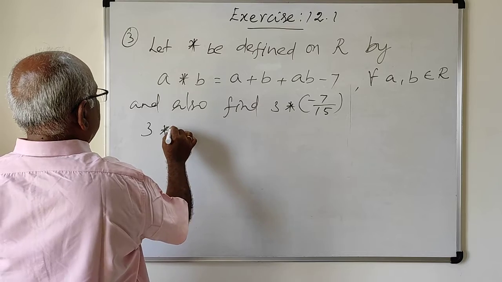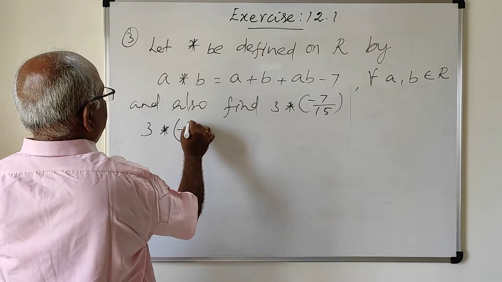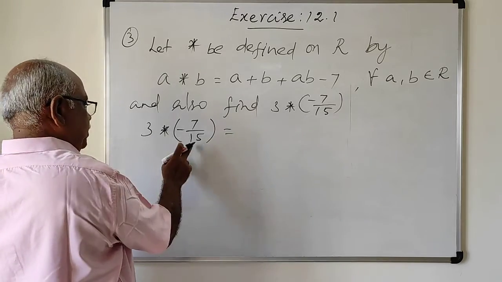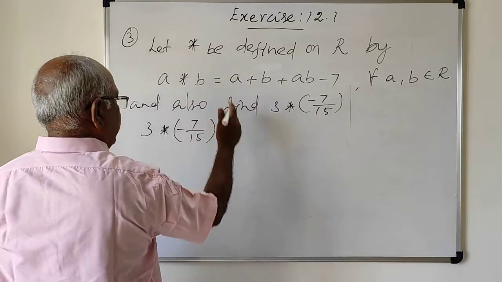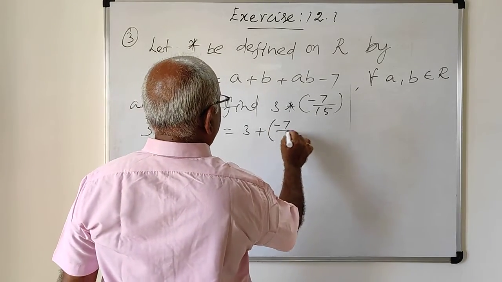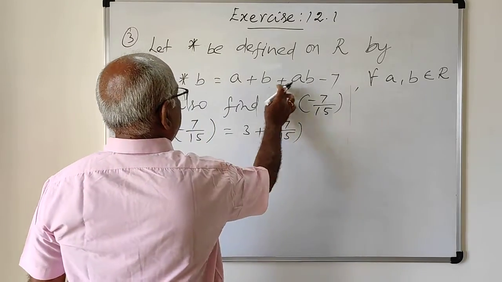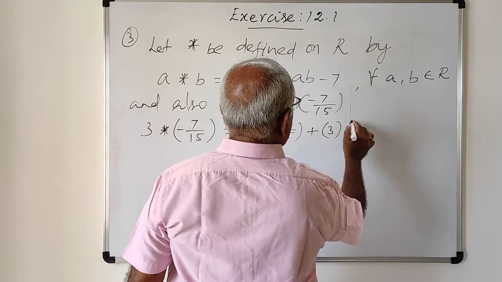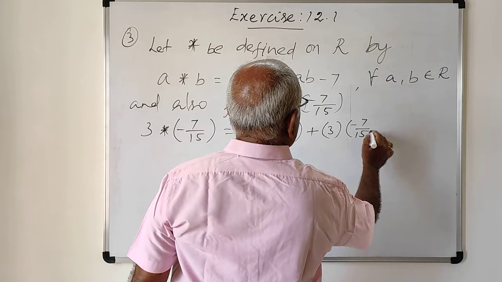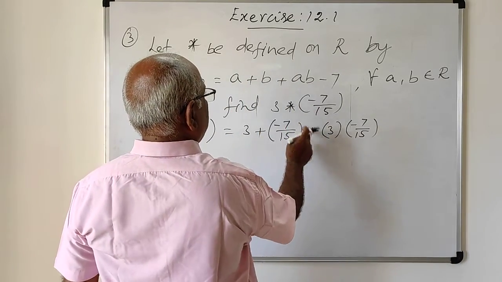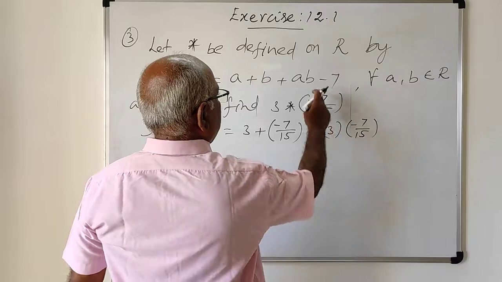3 star minus 7 by 15. By definition, this is A and this is B. A star B is A plus B plus AB minus 7.